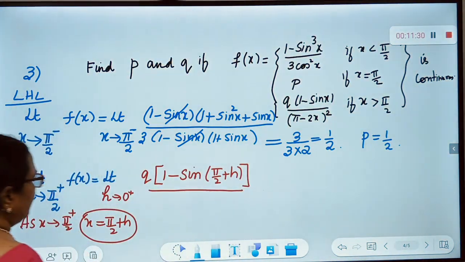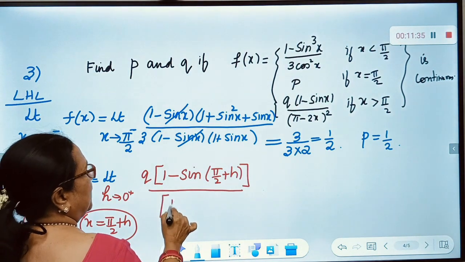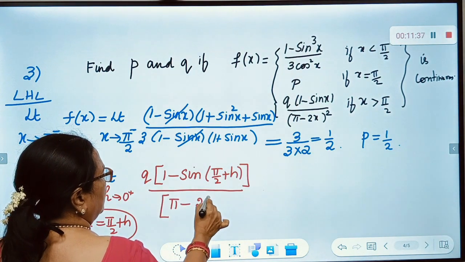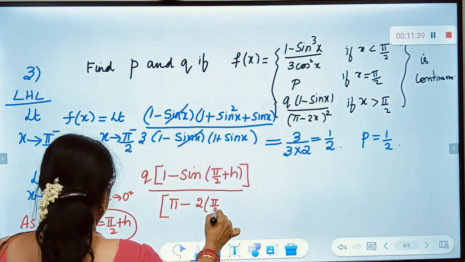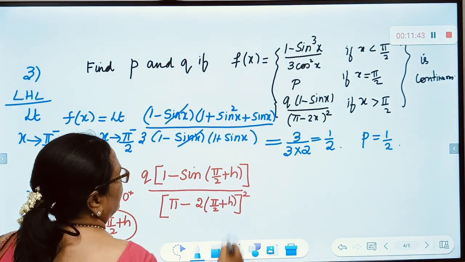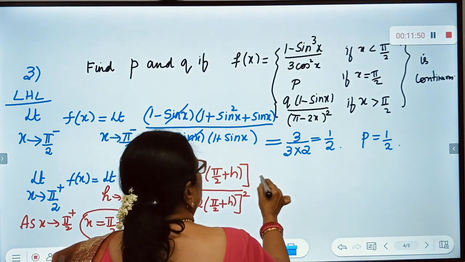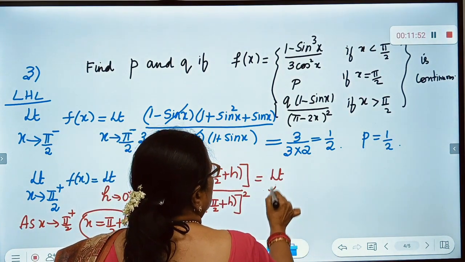divided by, what will be pi minus 2x? Pi minus 2 into pi by 2 plus h, the whole square. X is pi by 2 plus h. I replaced x by pi by 2 plus h. This will be limit h goes to 0.